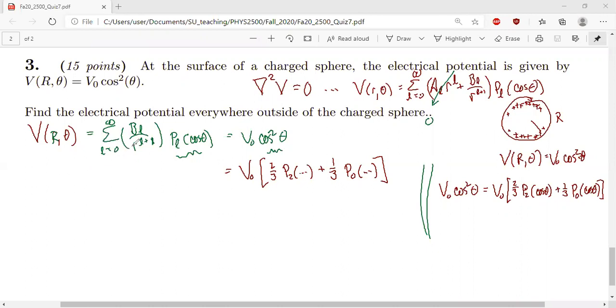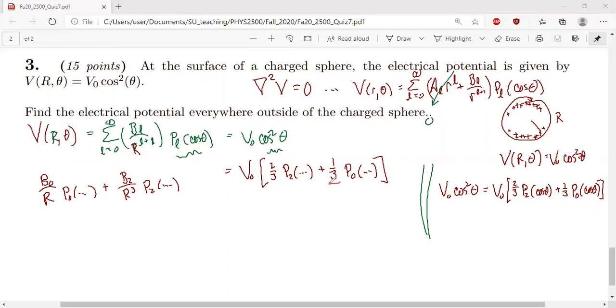Sorry, that should also be capital R because we are evaluating this at capital R. So this has got to be equal to B naught over R, P naught dot dot dot, plus B2 R cubed, P2 dot dot dot. And so now it just comes down to matching terms.